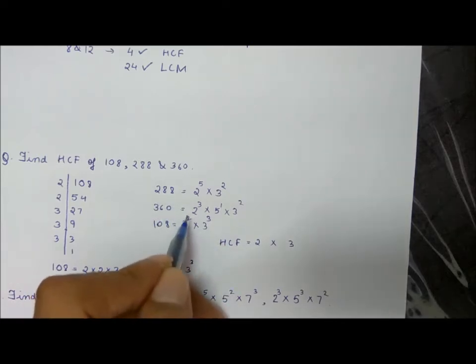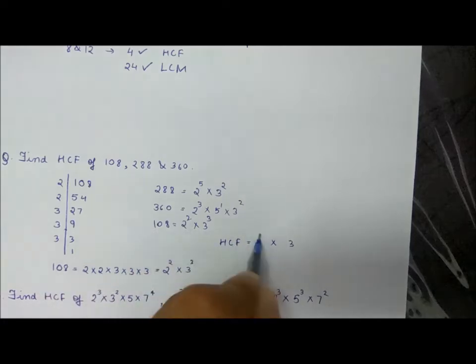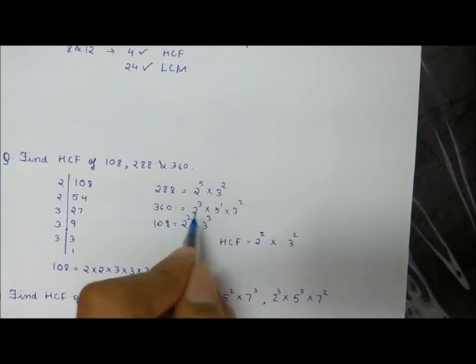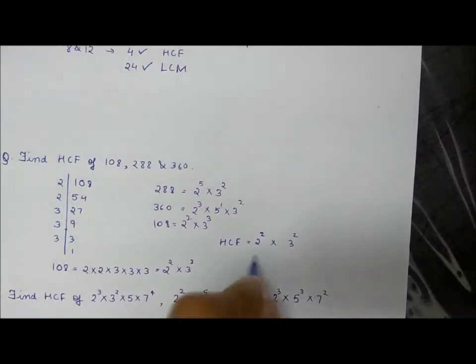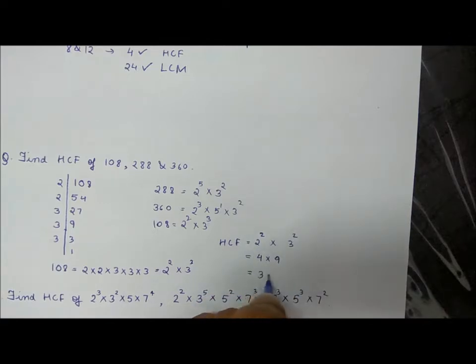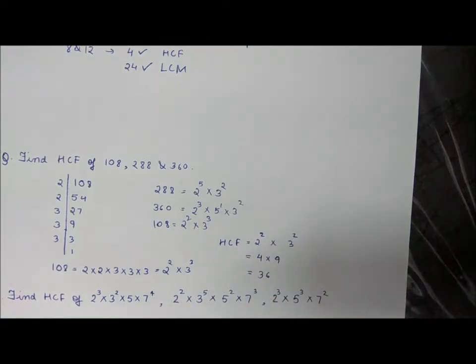The least power of 2 among 2, 5, 3 is 2. Hence the least power for 3 is 2. HCF would be equal to 2 to the power 2 which is 4, and 3 to the power 2 which is 9. Hence the HCF of these three numbers is 36.